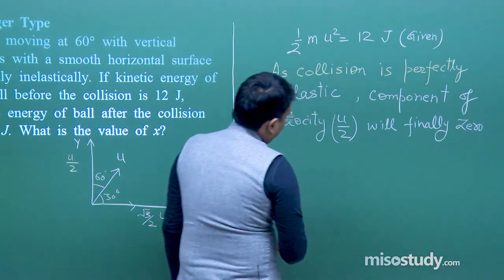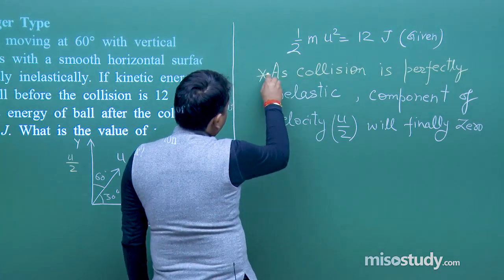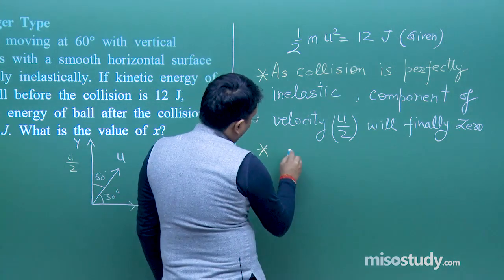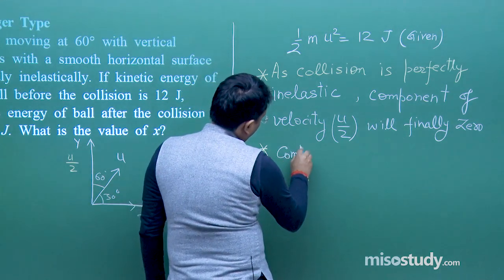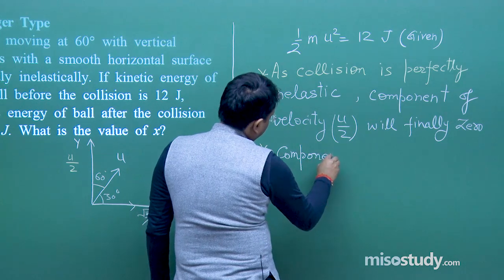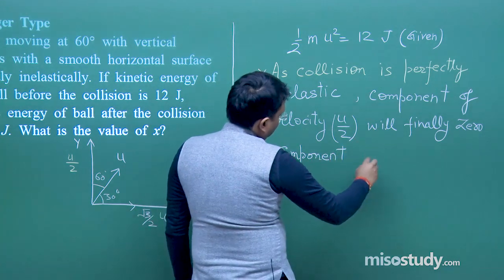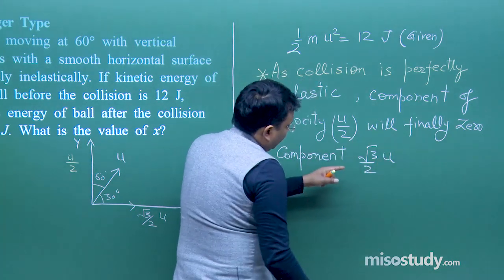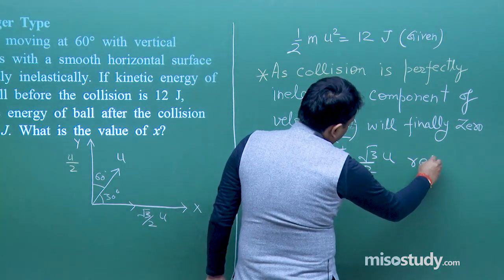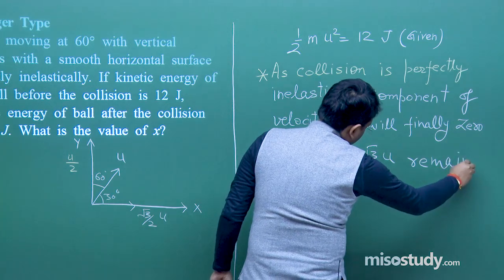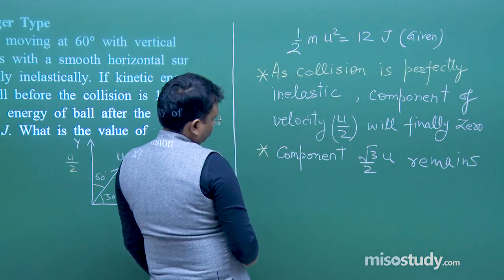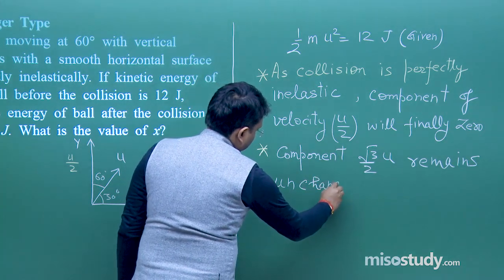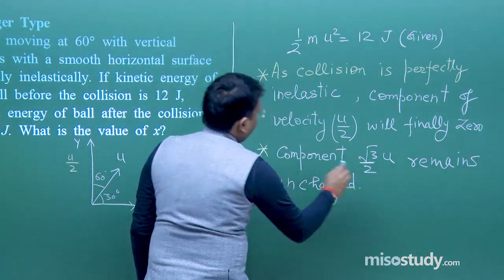Now, from here the next line is: the component root 3 by 2 u remains unchanged. Fine.